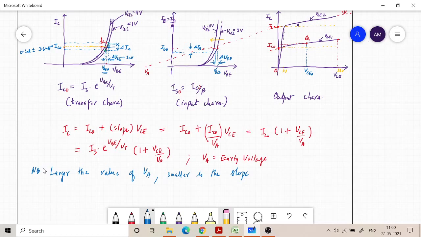You can see here, if VA is very large, then as you change VCE, the way in which IC changes is going to be very, very small, because 1 by VA is going to be very, very small.